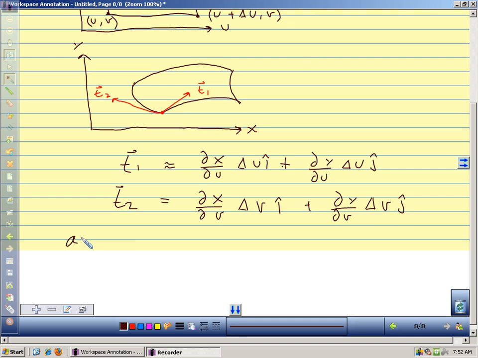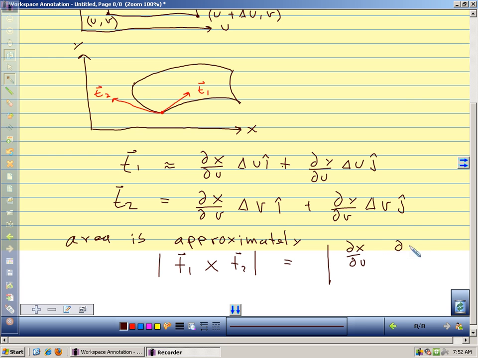So the area is approximately the magnitude of T1 cross T2, which is the magnitude of this cross product, the determinant of dx/du, times delta u delta v.